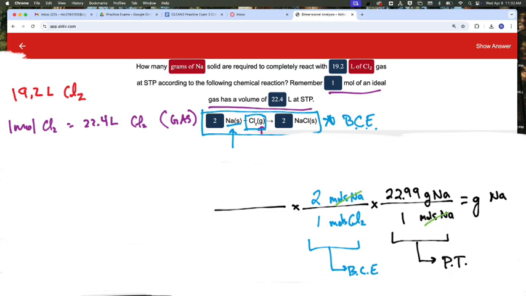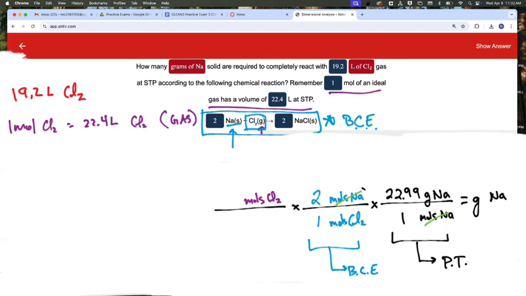Okay, so I have to run another conversion. In that other conversion, I want the moles of chlorine to cancel out. Do I know the moles of chlorine? Does any of my given information state the number of moles of chlorine? Again, this is where we're trying to be real careful with the language. Oh, well, it says 22.4.